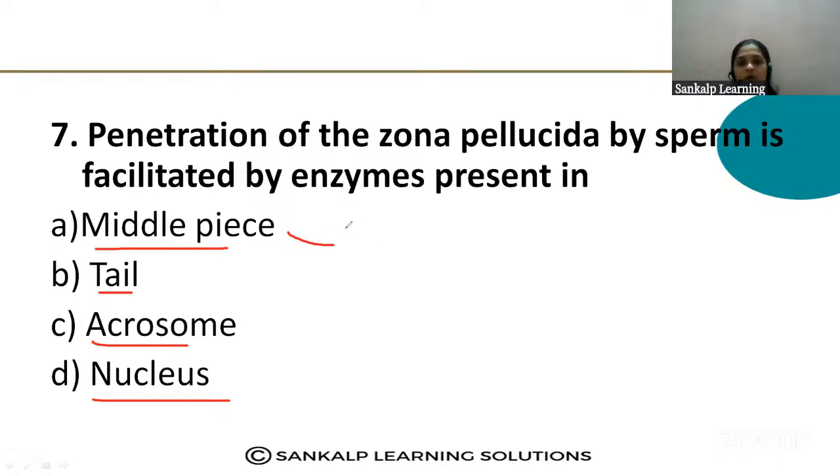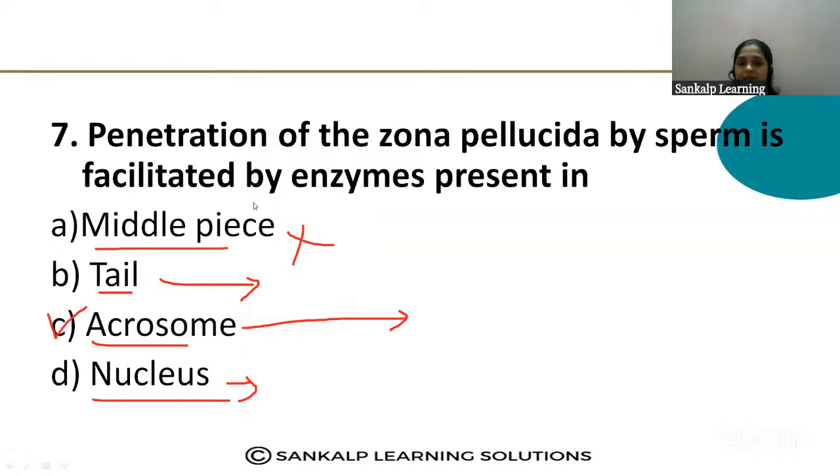There are no enzymes present in the middle piece that facilitate the penetration. Middle piece is not the correct answer. Tail helps for swimming, and nucleus contains the genetic material, but the acrosome contains the enzyme. So C is the correct answer.